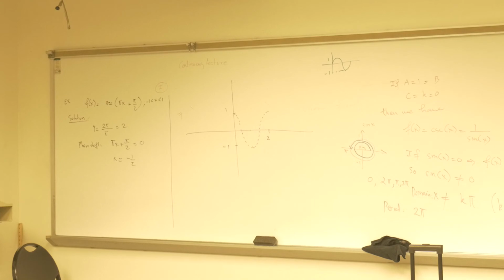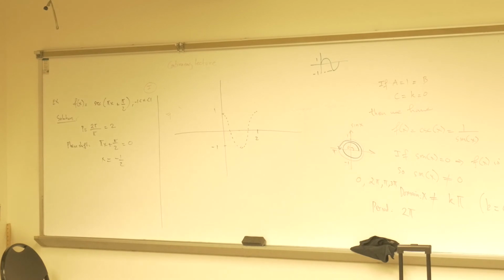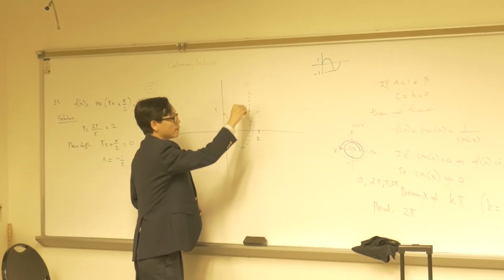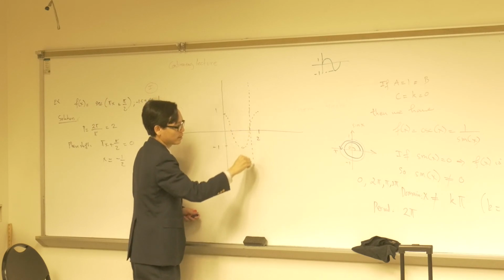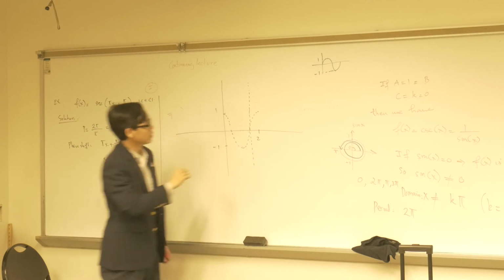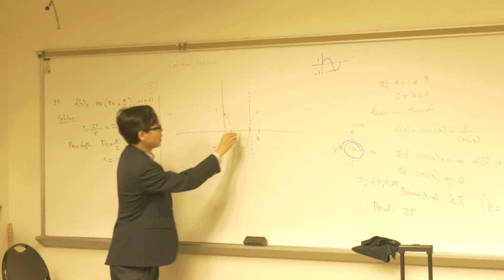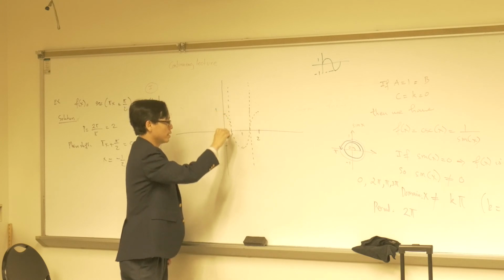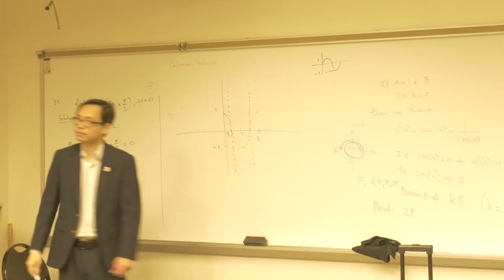The period is 2 pi here, so the vertical asymptote is at 3 pi over 2, so the vertical asymptote over here will be 3. And anywhere else at 1/2. There you go, that's the vertical asymptote.